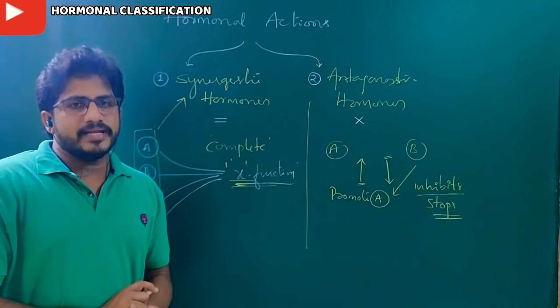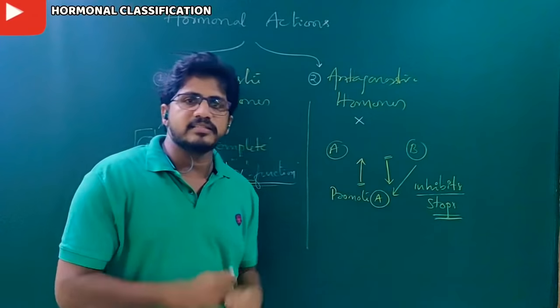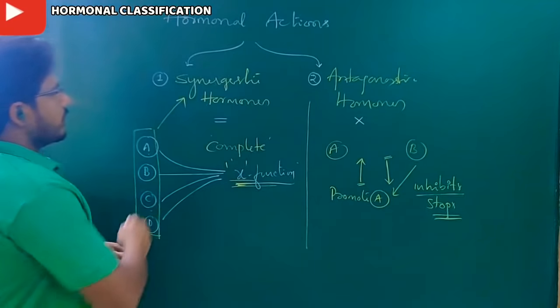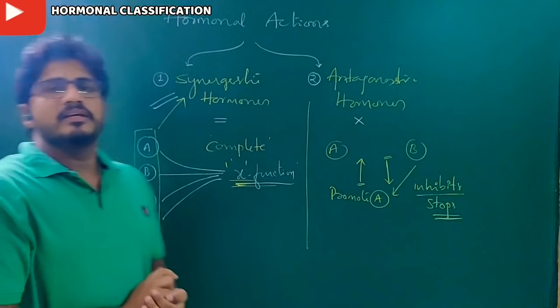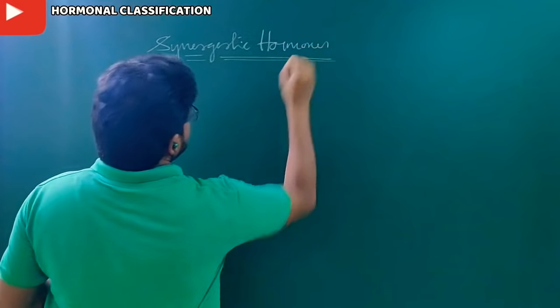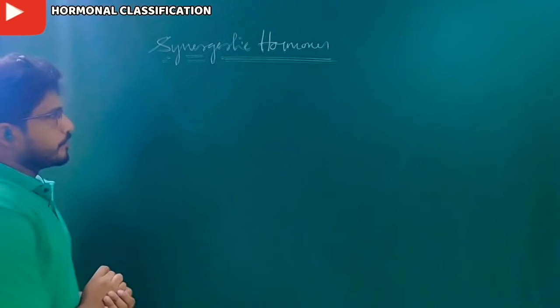If you observe some examples for this case as well as the other case, you will learn the complete classification of hormones. So let me start. Synergistic hormones, properties with suitable examples. Let me tell you about synergistic hormones.